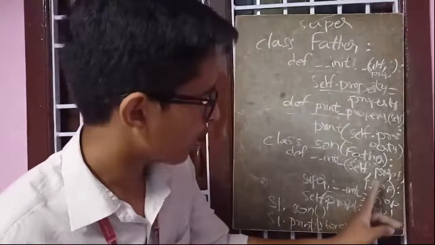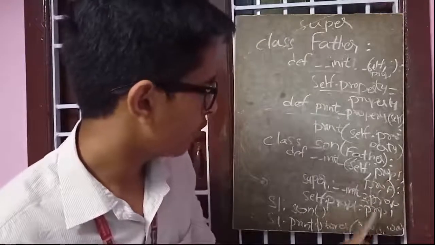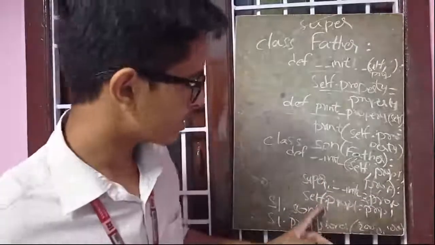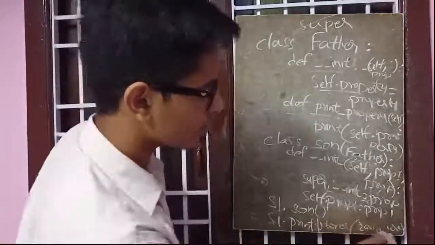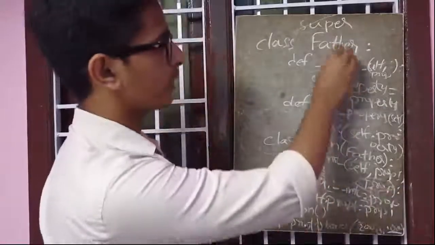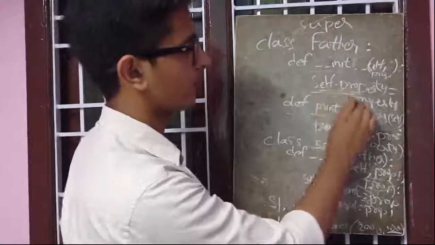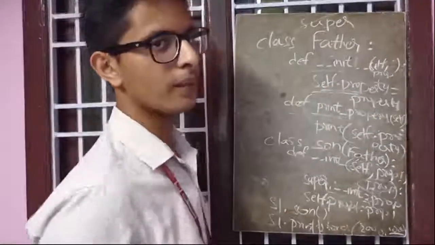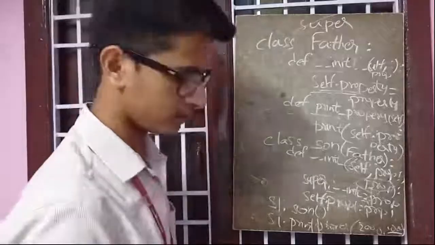So this first property1, 20,000, will be assigned to the son class. That means self.property1 equals property1, and this 10,000, that means property, will be given to the parent class, father class property, self.property. So in this way we can prevent the constructor overriding and method overriding.